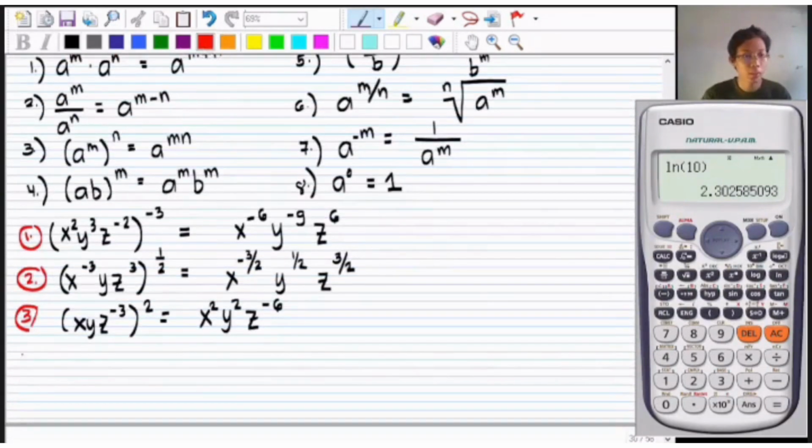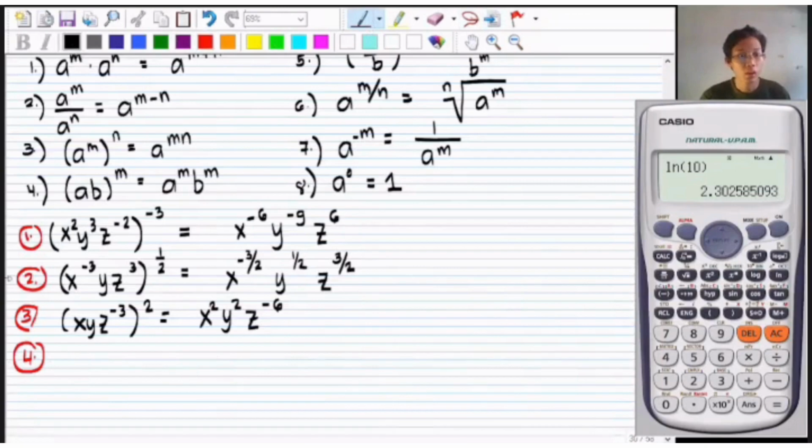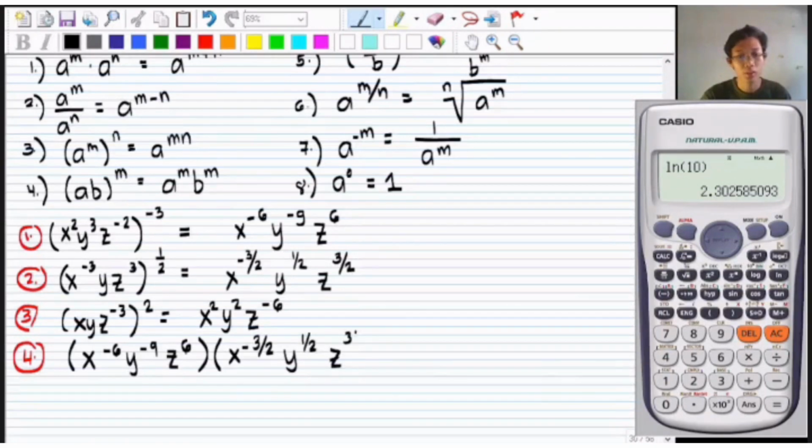Okay, then lastly, simplify mo siya ng magkakasama. So that will be x raised to negative 6, y negative 9, z raised to 6 times x raised to negative 3 halves, y raised to 1/2, z raised to 3 halves, divided by x squared, y squared, z raised to 6.